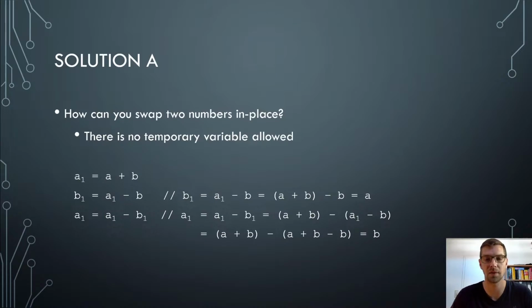And if we resolve that, we get the b value. So in the end, we store a in b and we store b in a by simply adding and building the difference between the values. Alright, so that is solution A: a equals a plus b, b equals a minus b, and a equals a1 minus b.